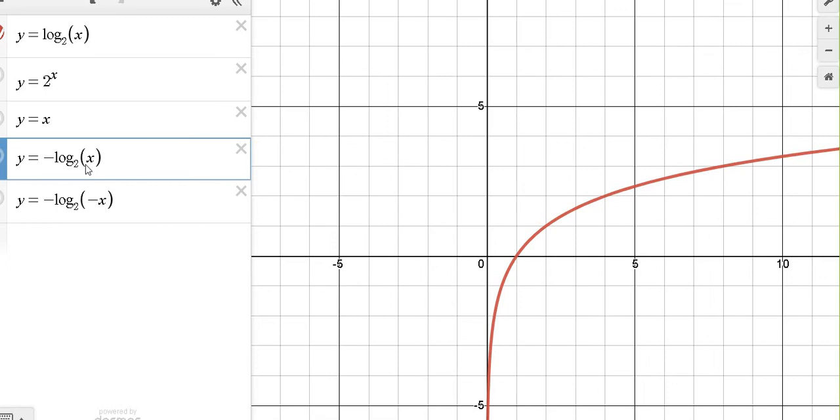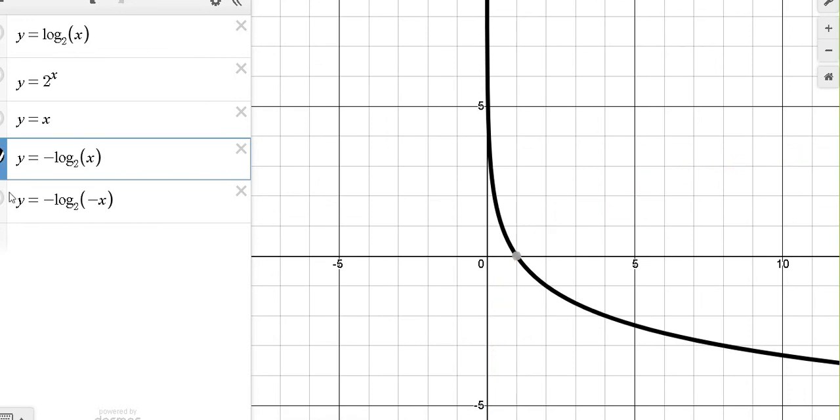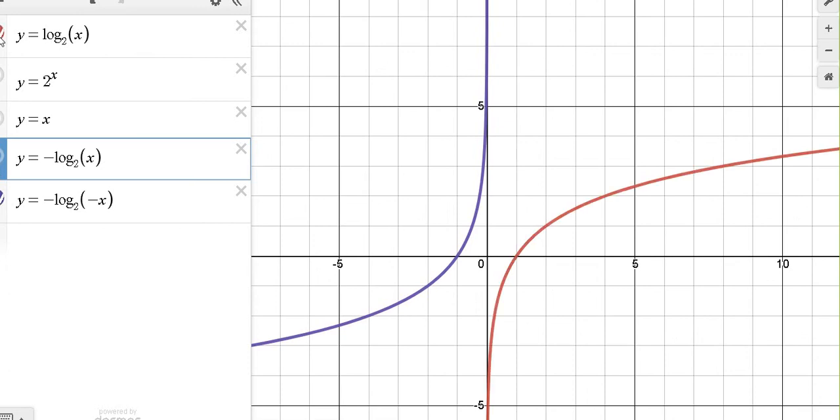All right, so in this last example there's been two things that we've done. First thing we did, in comparison to the red graph, is we flipped it around the x-axis. And then it's not enough just to flip it around the x-axis, we also flipped it around the y-axis. So that would be your ultimate shape. So if you wanted to look at beginning to end, there's your two graphs right there.